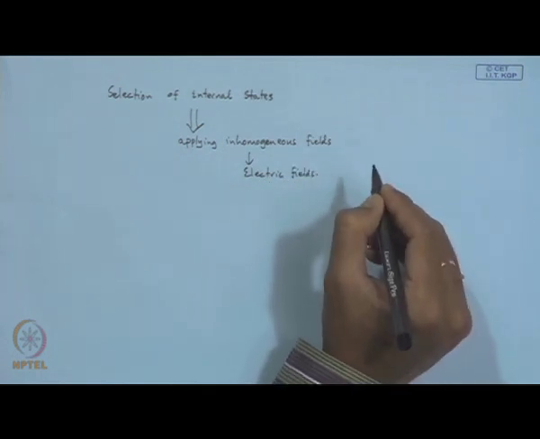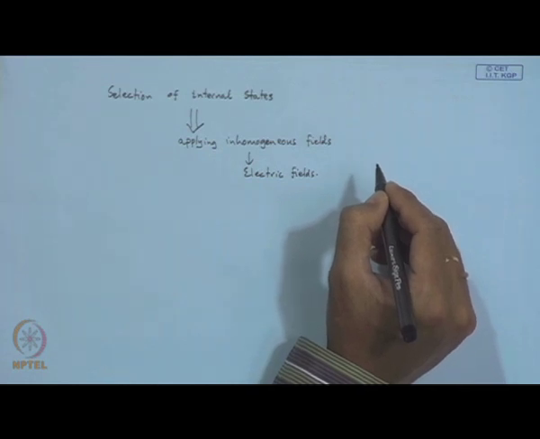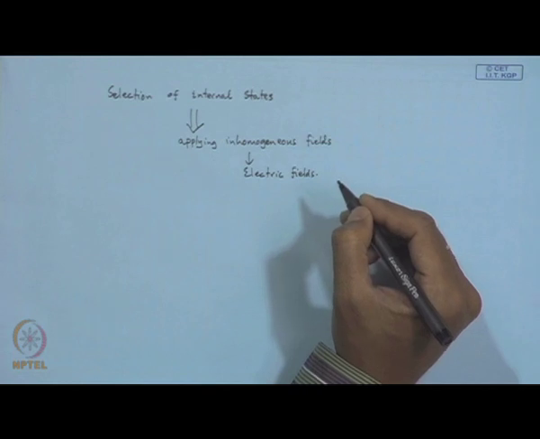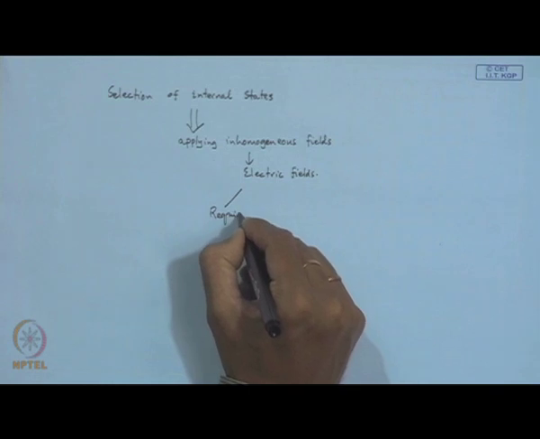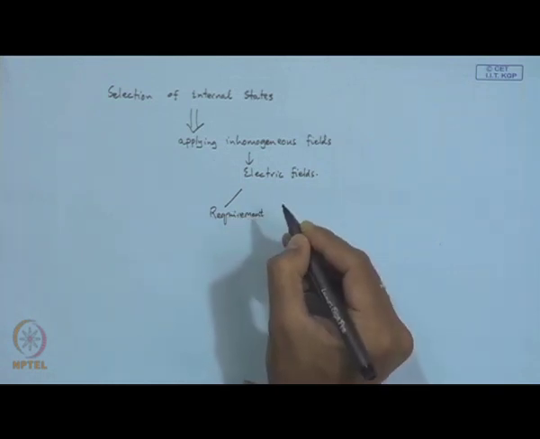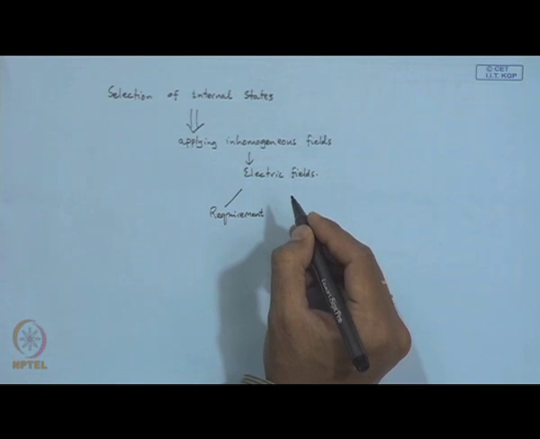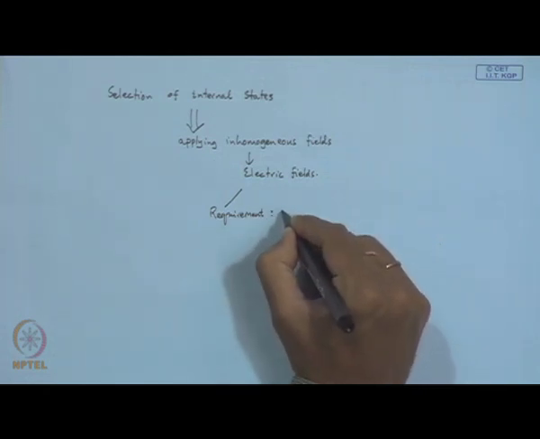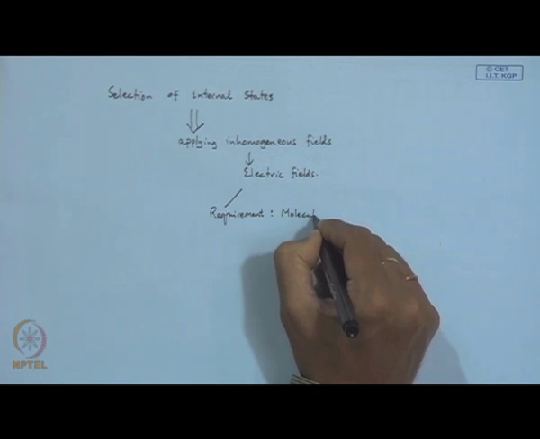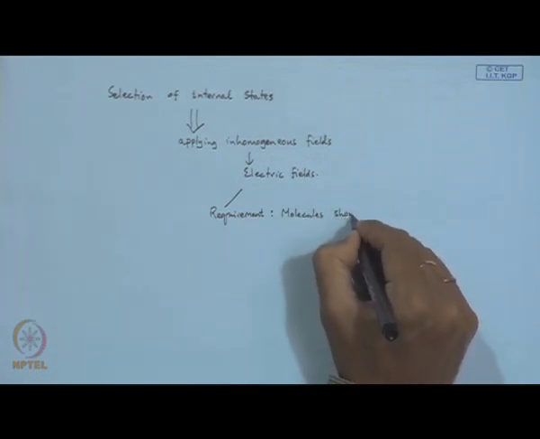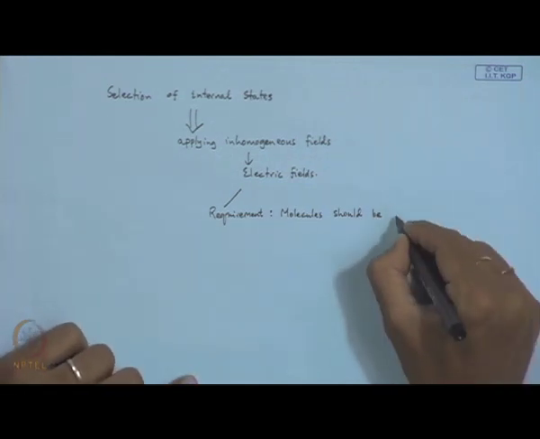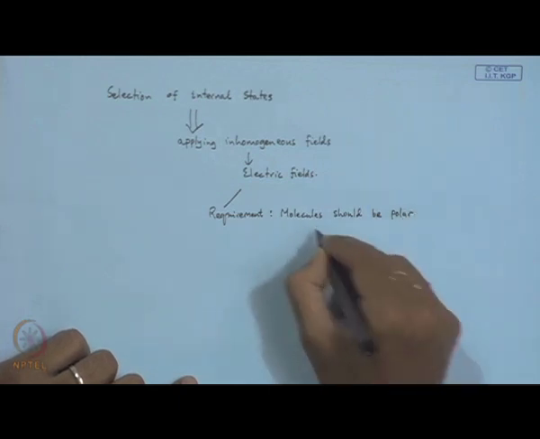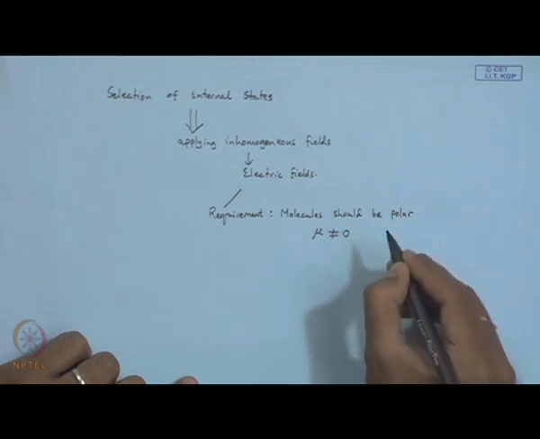The thing is that the molecules, I mean your reacting molecules, the requirement is that your molecules should be polar, that is dipole moment mu should not be equal to 0.